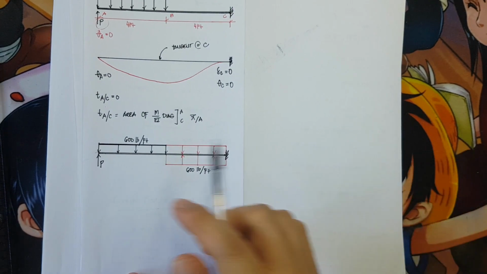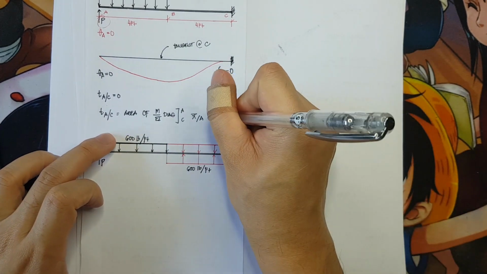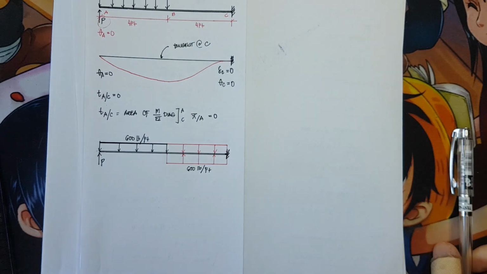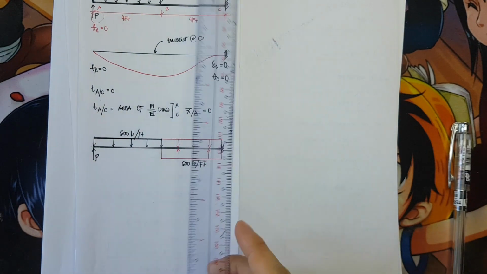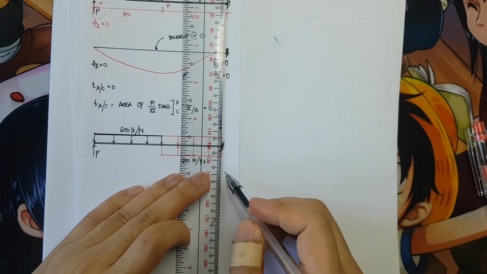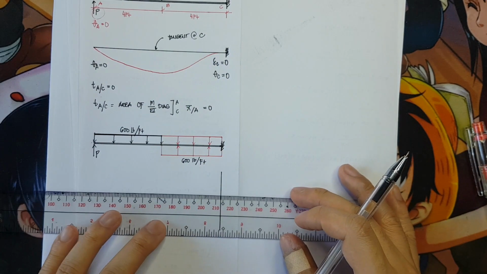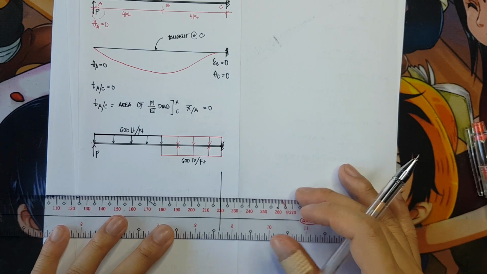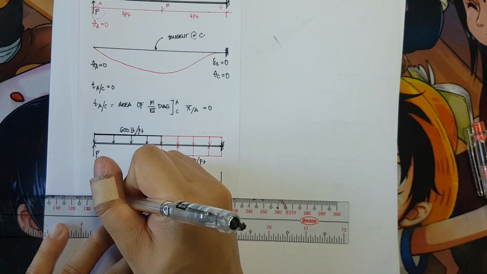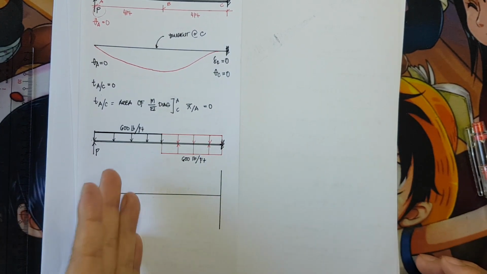Okay, so to solve for TC over A, which is equivalent to 0, I will just be simply drawing the moment diagram by parts. What do we mean by parts? The moment diagram of each of the loads separately. Kasi it is easier to determine the maximum moment and at the same time the lever arm.